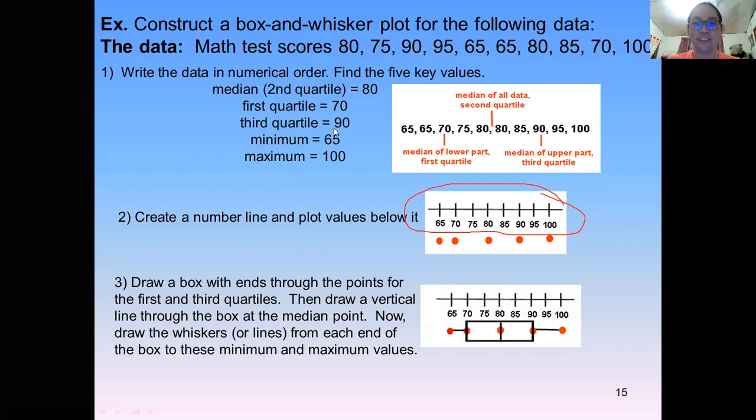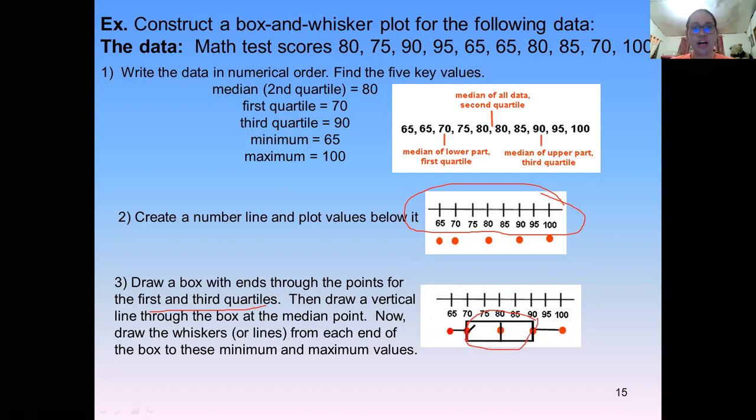Just follow this one. This is what we do. Draw a vertical line. Again, first draw a box with ends through the points for the first and third quartiles. So the first and third quartiles, this one, draw the box as you can see.